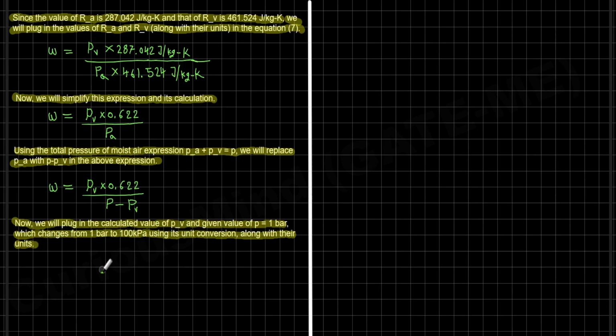So we will plug in the values of PV and P in this expression along with their units, and write the next expression. After plugging in the values of PV and P, we get this expression.